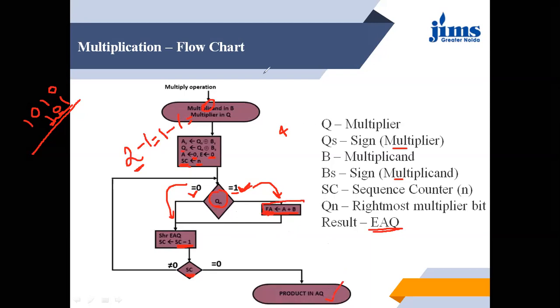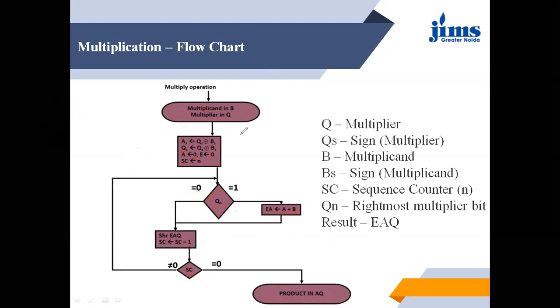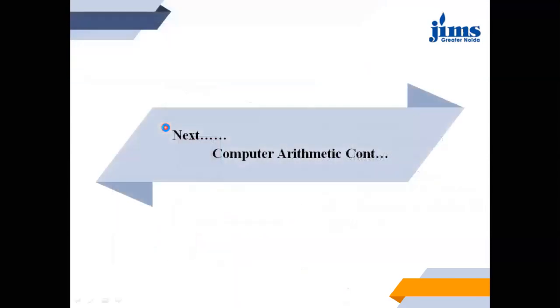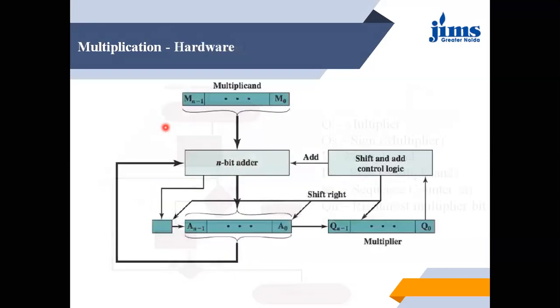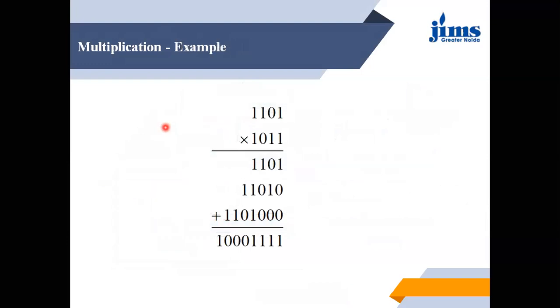So in this we discussed all the concepts behind multiplication, and we saw how things change in the case of zeros and ones, and how we can skip one row or one bit multiplication when the bit is 0.